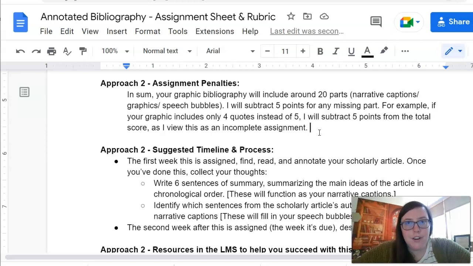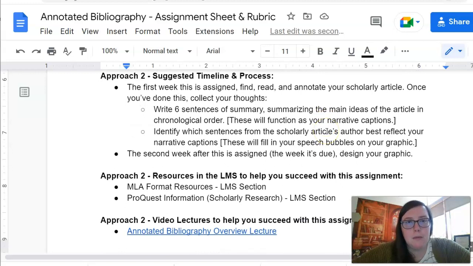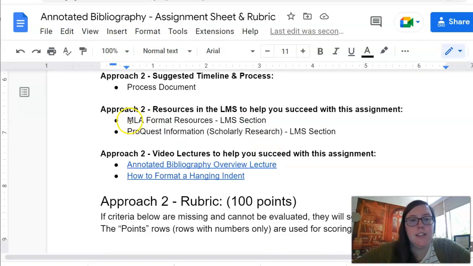Does the student have 5 quotes? If I notice that there are things that are missing, I'm going to subtract 5 points for any missing part. As long as you meet the minimum requirements, you won't have to deal with any assignment penalties, but something to keep in mind. Again, the LMS has MLA format resources and scholarly research resources for you if you need help getting started or citing.